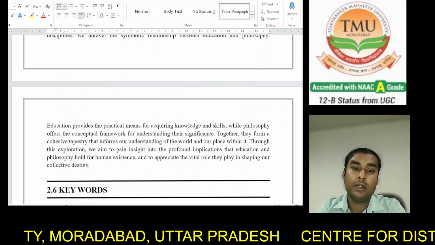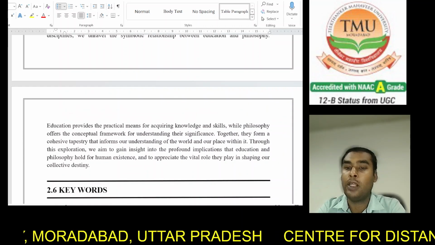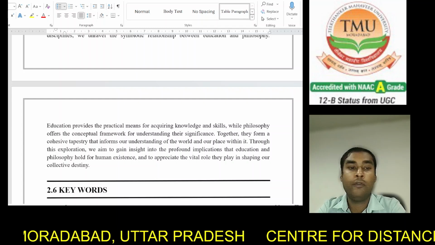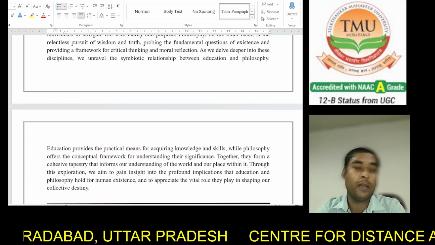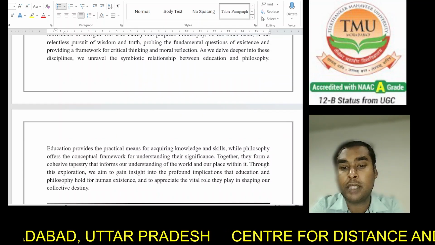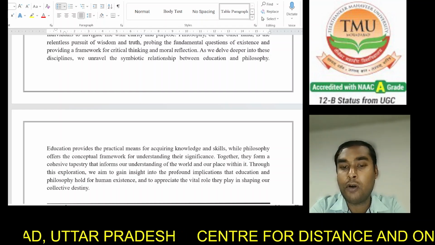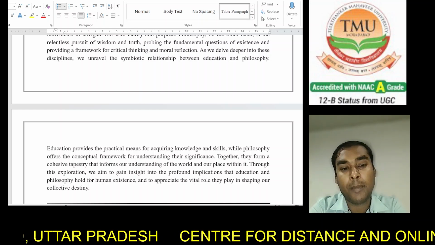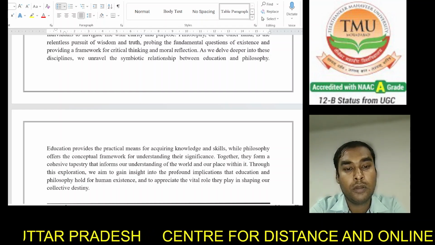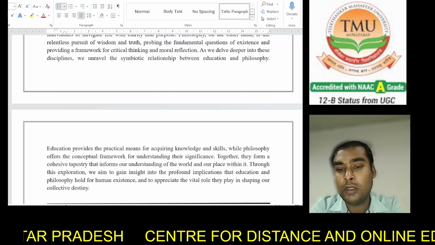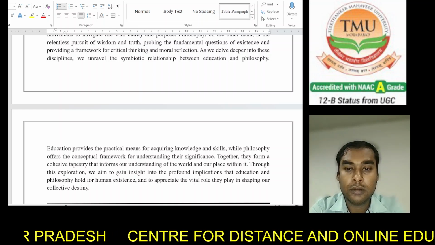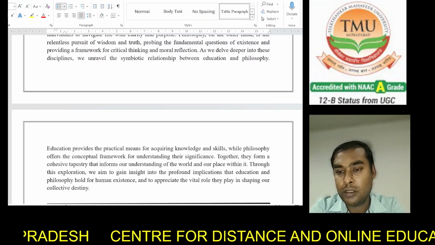Education provides the practical means of acquiring knowledge and skills, while philosophy offers the conceptual framework for understanding their significance. Together, they form a cohesive tapestry that informs our understanding of the world and our place within it.